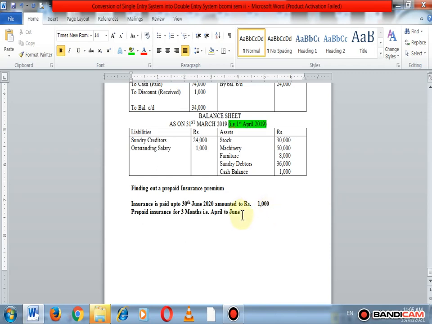So here the calculation: 1,000 divided by 12 multiplied by 3 months is equal to 250. 250 is prepaid insurance.